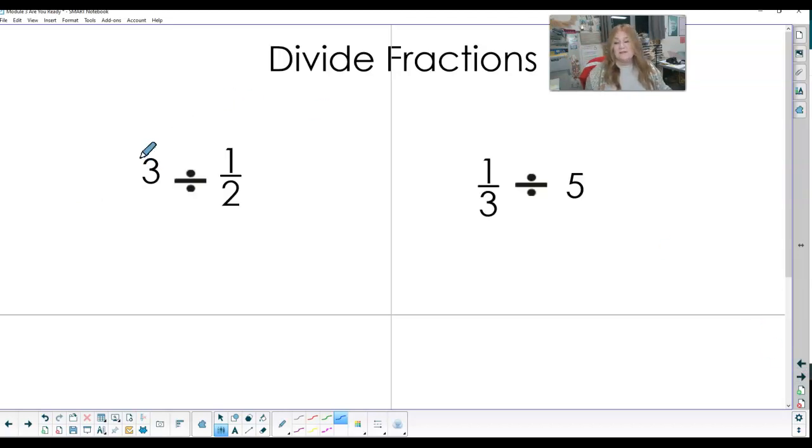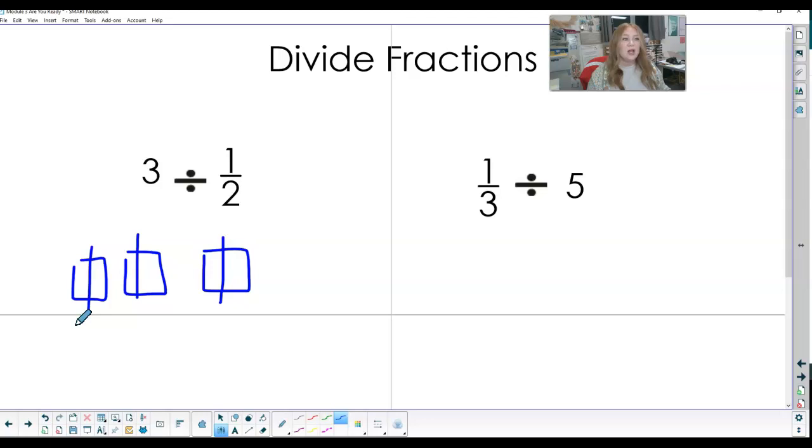And dividing fractions: here we have 3 pieces, and we want to divide each of these 3 pieces in half. Cut, cut, cut. I divided all of those in half. So now I can see I have 6 pieces.